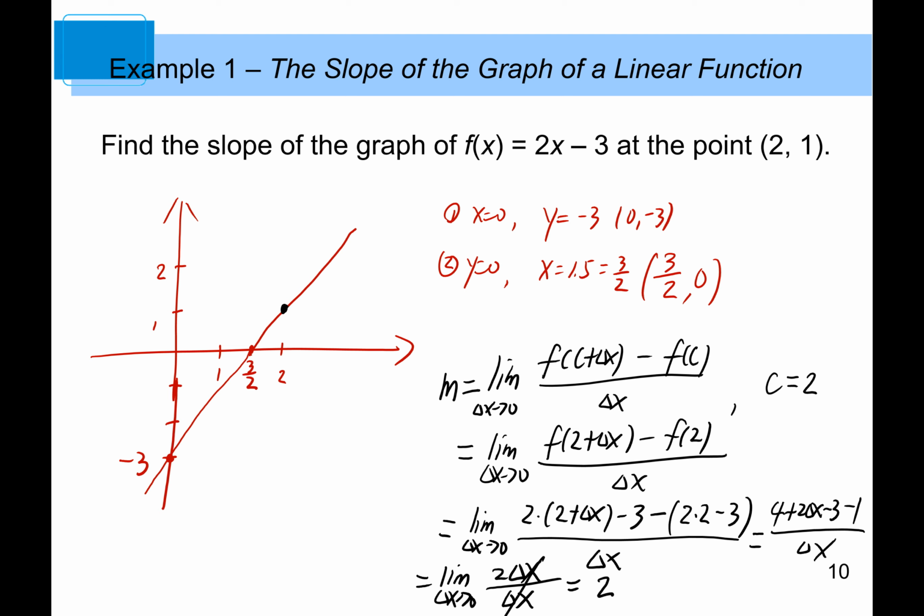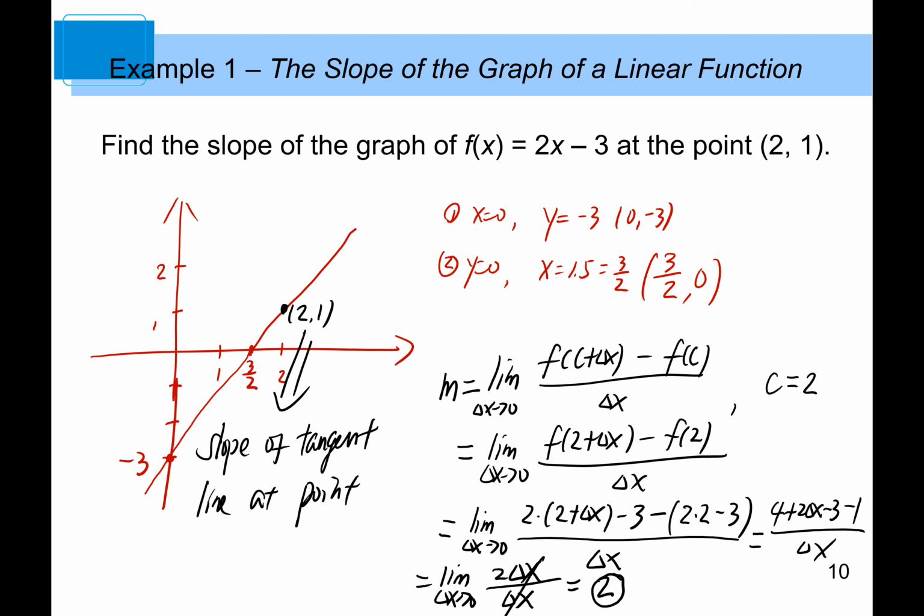And the limit of a constant is a constant, right? So the slope of the tangent line at this point (2, 1) is equal to 2.